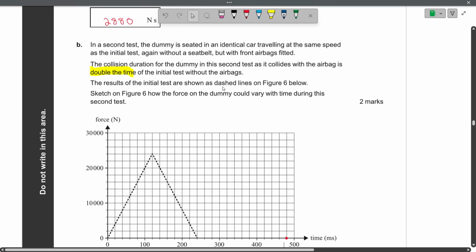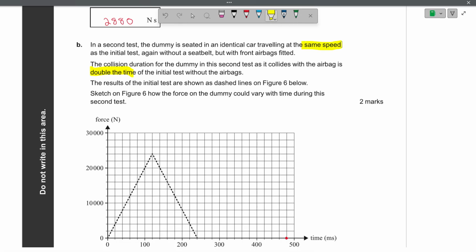Now, it tells us that it's traveling at the same speed. So if it's traveling at the same speed, it has the same initial momentum, and if by the end it comes to rest, it has the same final momentum. Impulse is literally the same thing as the change in momentum. So if the change in momentum is the same for each scenario, the impulse must be the same for each scenario.